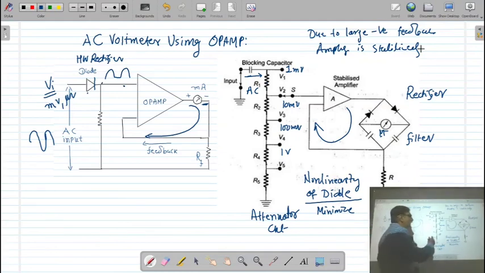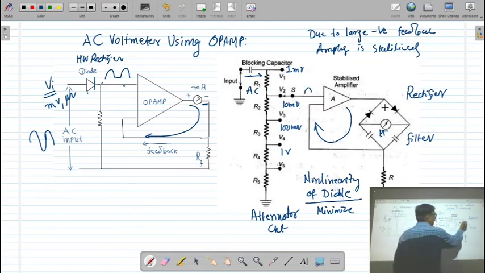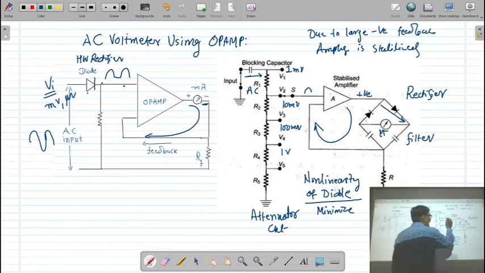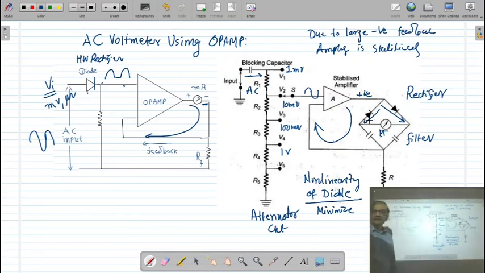So when we have a positive voltage at the input, during the positive cycle, it will produce a large amount of positive voltage. Due to that, this diode D will be in forward bias. And whenever we have a negative voltage, then in that case, the other diode will be in forward bias.